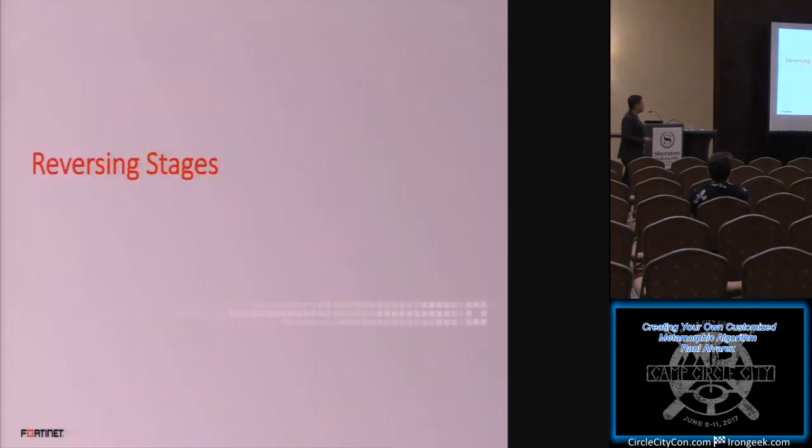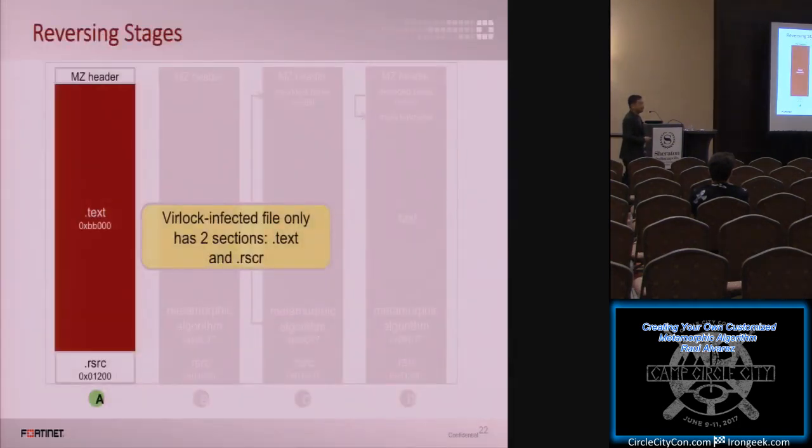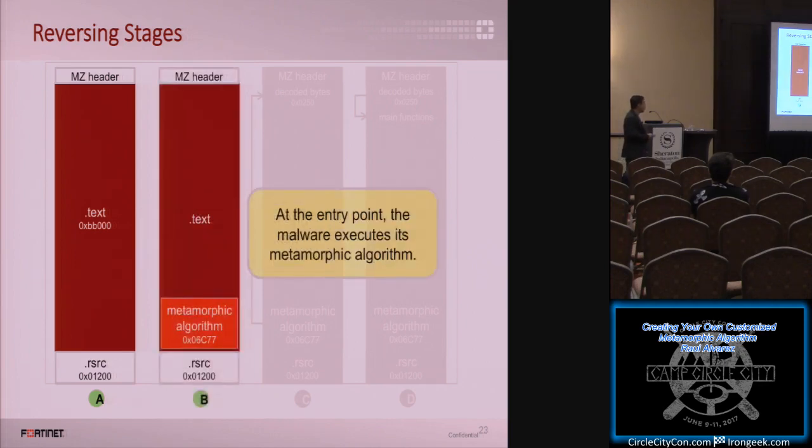But this malware has different stages. The first one: when you get an infected file, you only have your MZ header, and you only have 2 sections, the .text and the .rsrc, the resource. Afterwards, from that text, somewhere down here is your metamorphic algorithm.